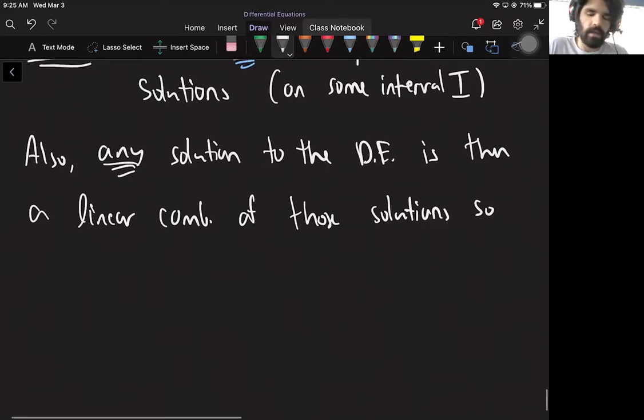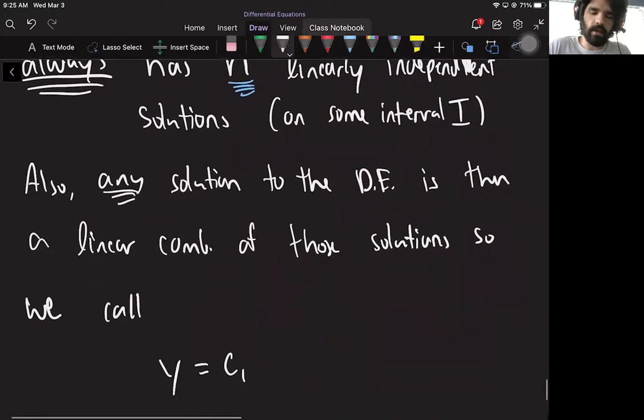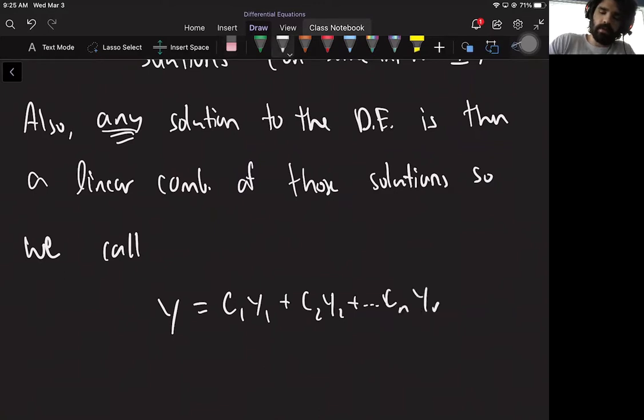This time we can be sure that we get all the solutions. I'll just call it y equals some linear combination of the n linearly independent solutions.